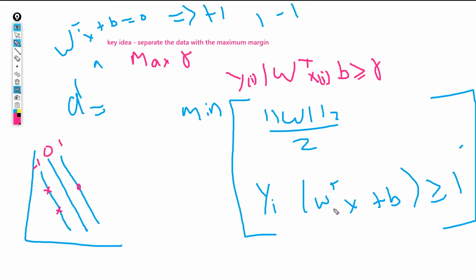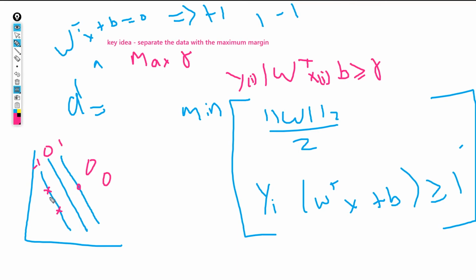What we are saying is that if this number is positive, then this class is also going to be positive, and that should be greater than 1, because every other point should lie beyond this part. If it is greater than 1, it is okay with us.